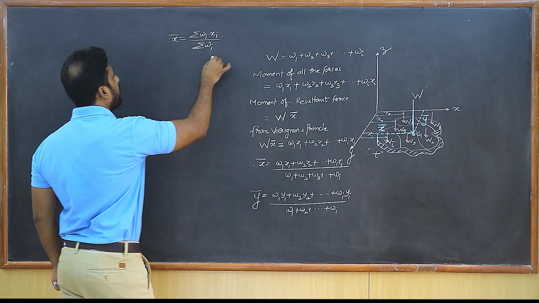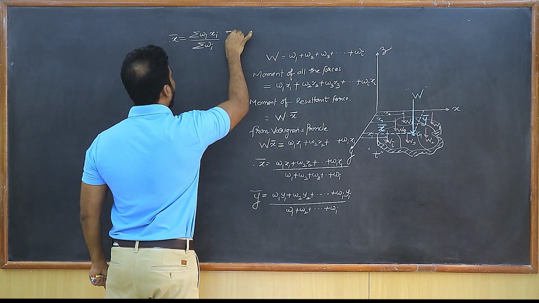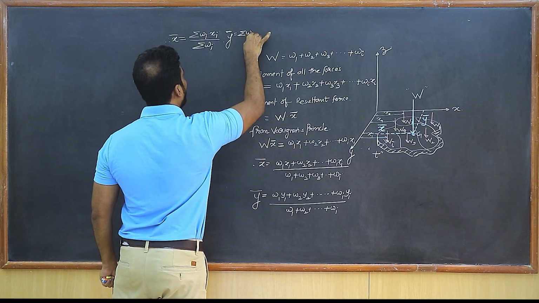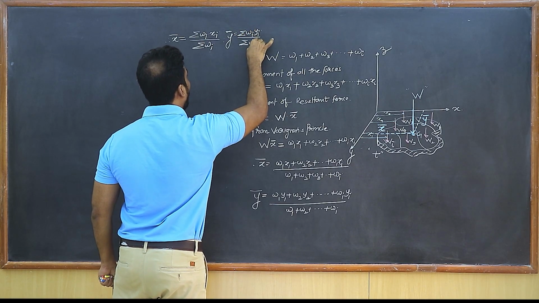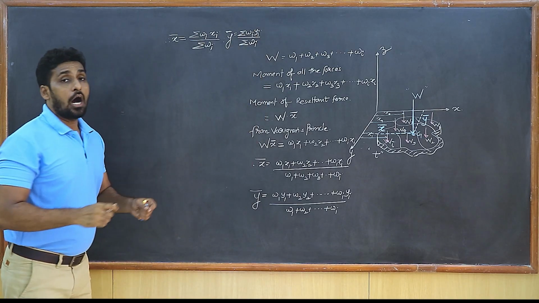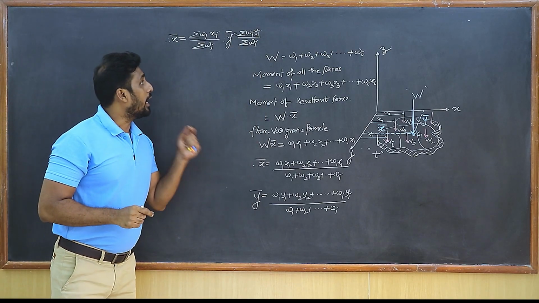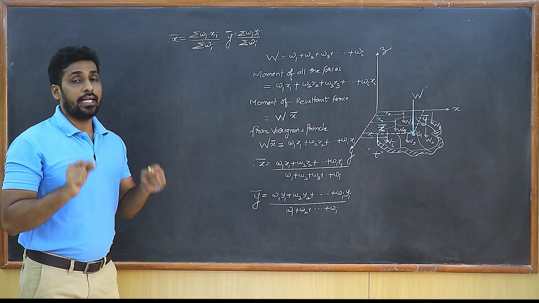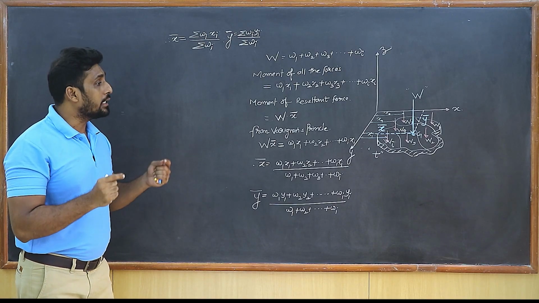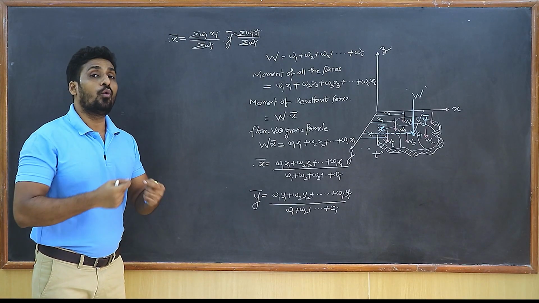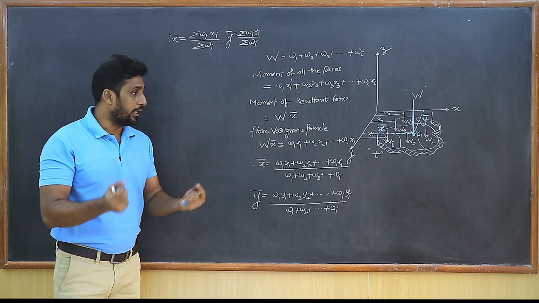Similarly, y bar can be written as summation of Wi into yi upon summation of Wi. Now I have got the values of x bar and y bar in terms of the weights of the body. Wi is the sum of the weights of all the small particles of the body.